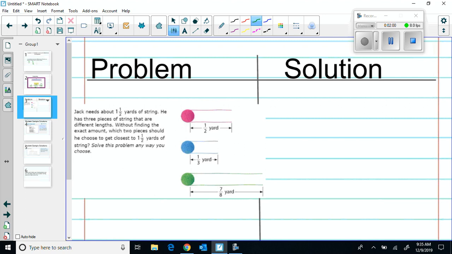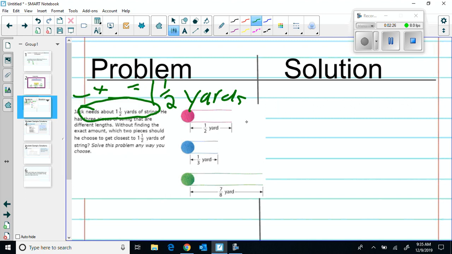I'm going to circle the information I'm going to be needing, and it says Jack needs about 1.5 yards of string. So that's what we want it to be equal to, because that's how much string he wants. So what 2 fractions are we going to use that's going to get us closest to 1.5 yards? He has 3 pieces of string that are different lengths.